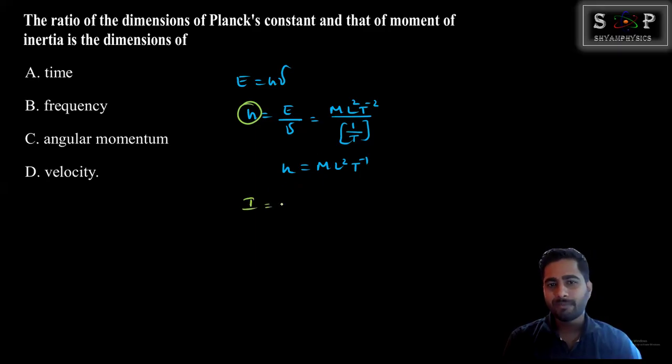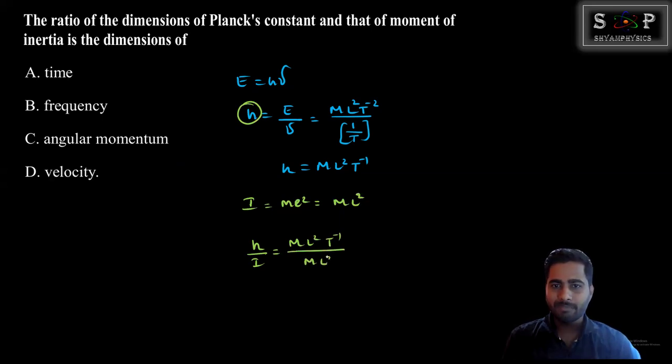Moment of inertia is nothing but I equals M r^2, mass times length squared. Correct now? We need to divide these two. h by I: M L^2 T^-1 divided by M L^2. On cancelling, we get T^-1. It is nothing but frequency.